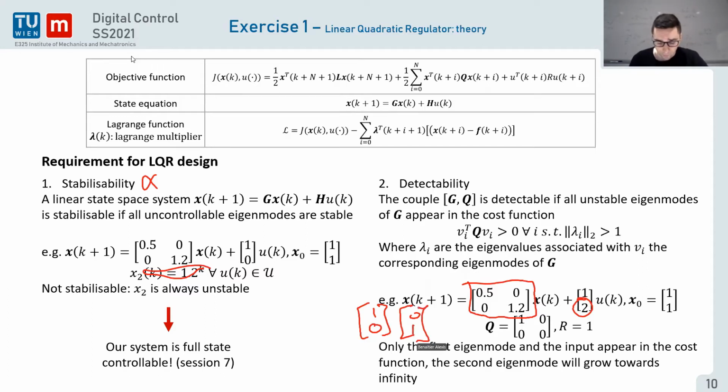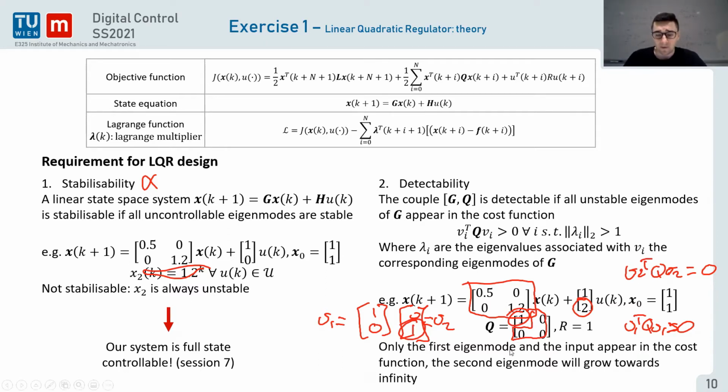If you compute, let's call this V1 and this V2, then V1 transpose Q V1 is bigger than 0. And V2 transpose Q V2 will always be equal to 0, because V2 has only one element here, so it's never going to multiply this value here. It's only going to use the zeros. And so if I'm using this Q, the system is not detectable.